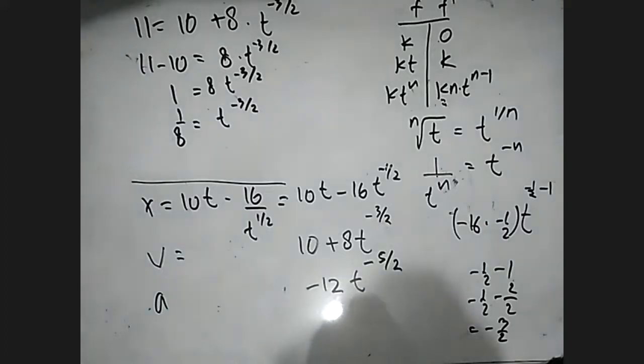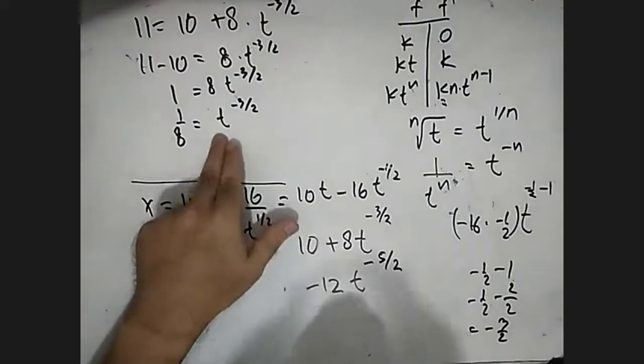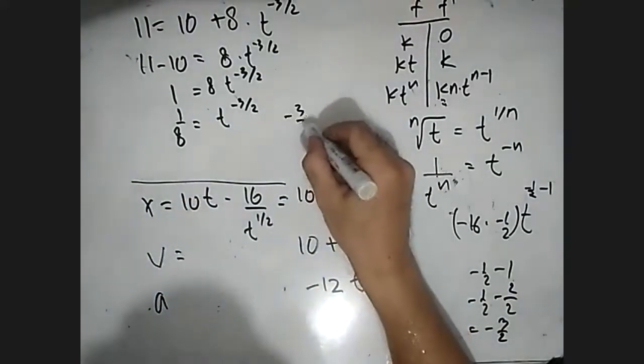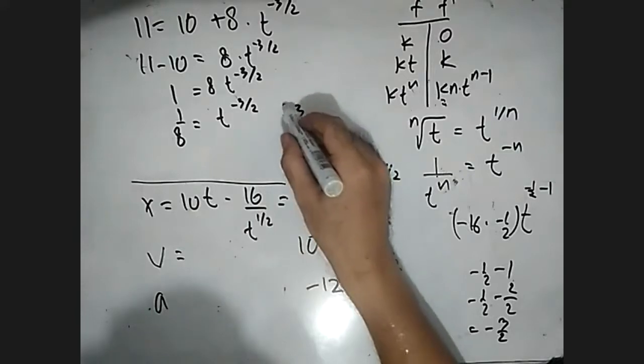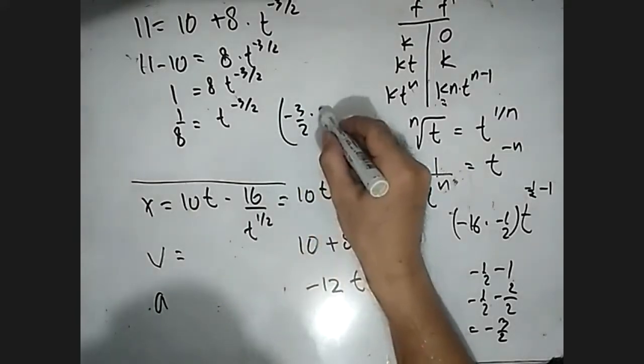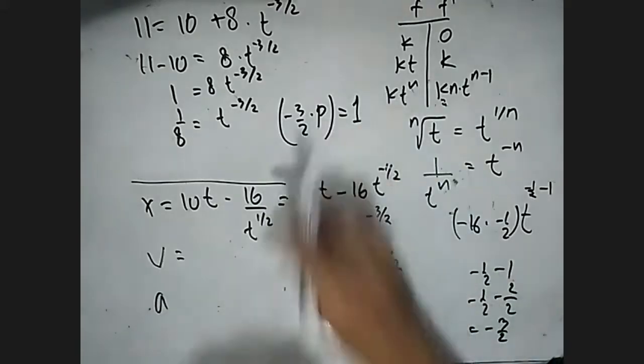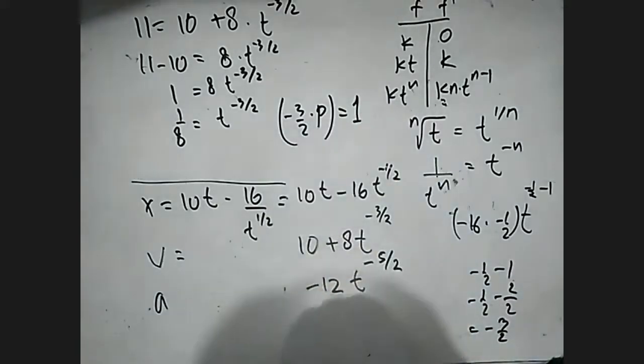I repeat, we are going to find a number that, multiplied by minus 3 over 2, makes the power 1. Let's call that power P. Can you find the number P here?